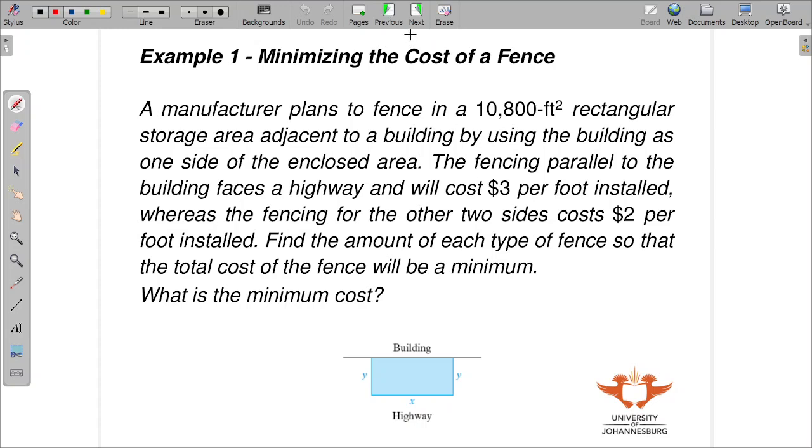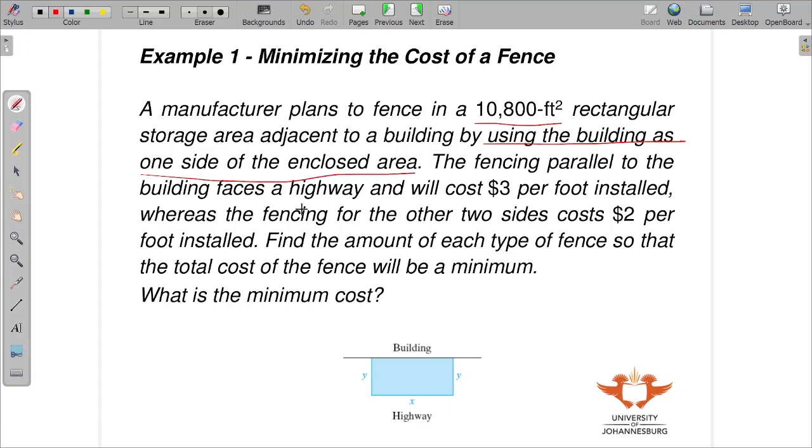Now for this example: a manufacturer plans to fence a 10,800 square foot rectangular storage area adjacent to a building by using the building as one side of the enclosed area.